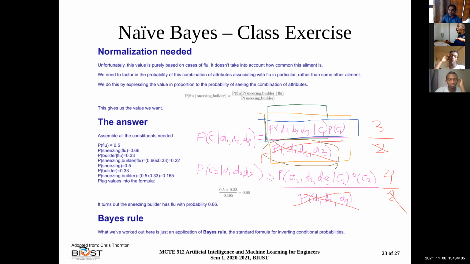So we only consider the higher probability, because that is the one more likely to happen. Divided by 2, the result is 1.5; the other divided by 2 is 2. This one is still higher. You understand?